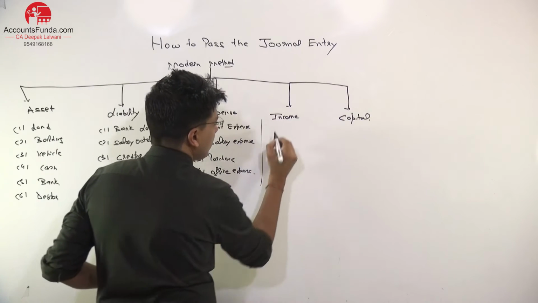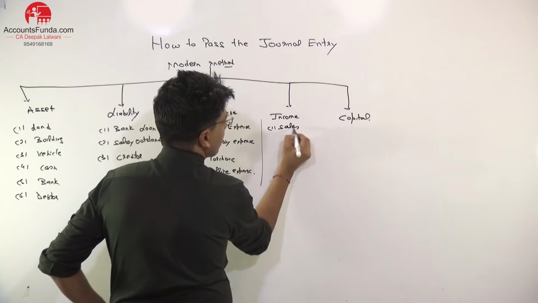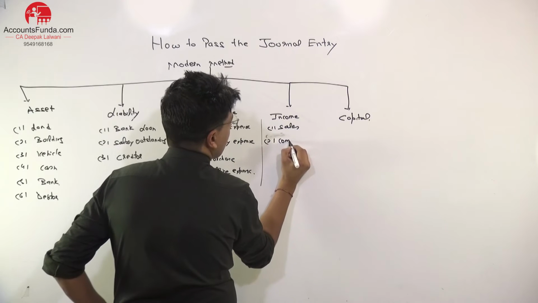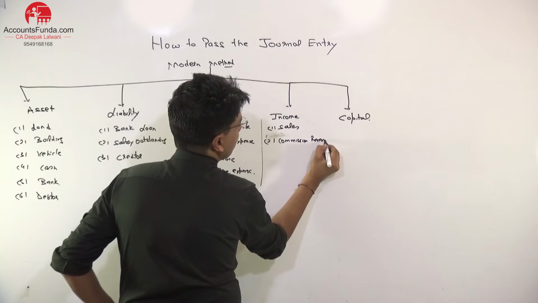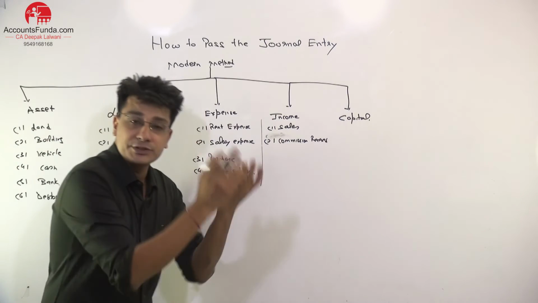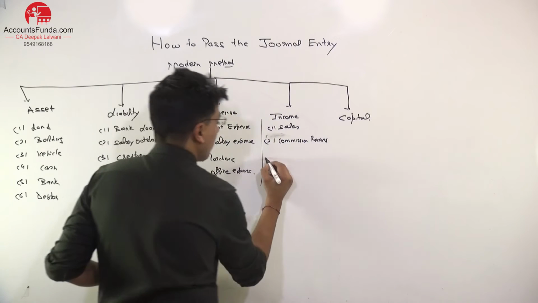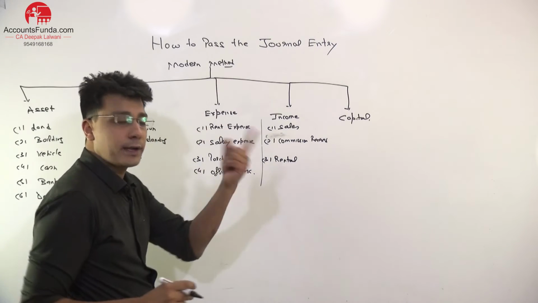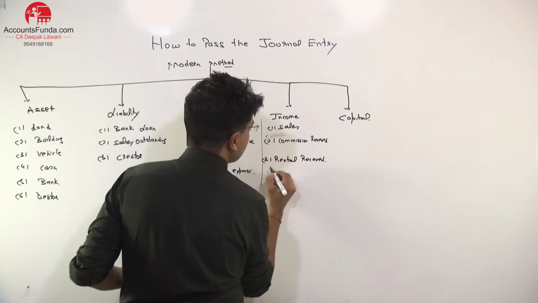Then there is also income, like sales income whenever the company sells a product. Second, commission received. What is commission received? Whenever the company gives any consultancy, the company will get commission income. Suppose the company has also given a building for rent, so they will get rent received.